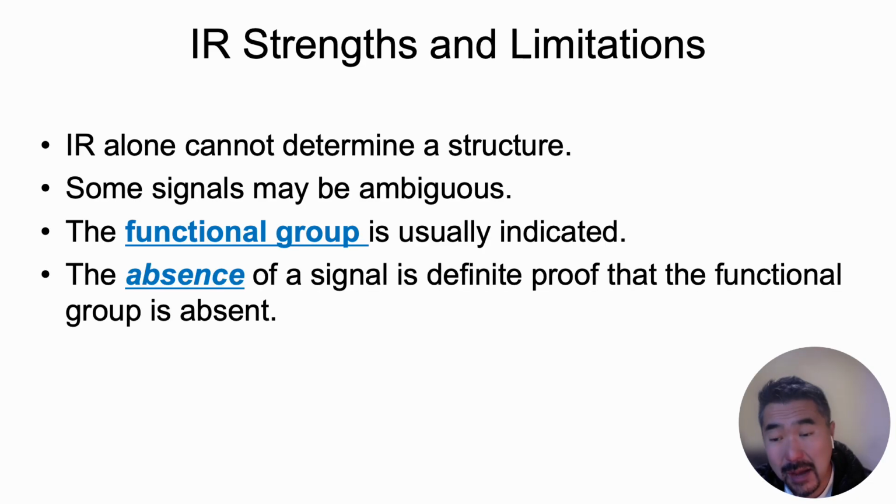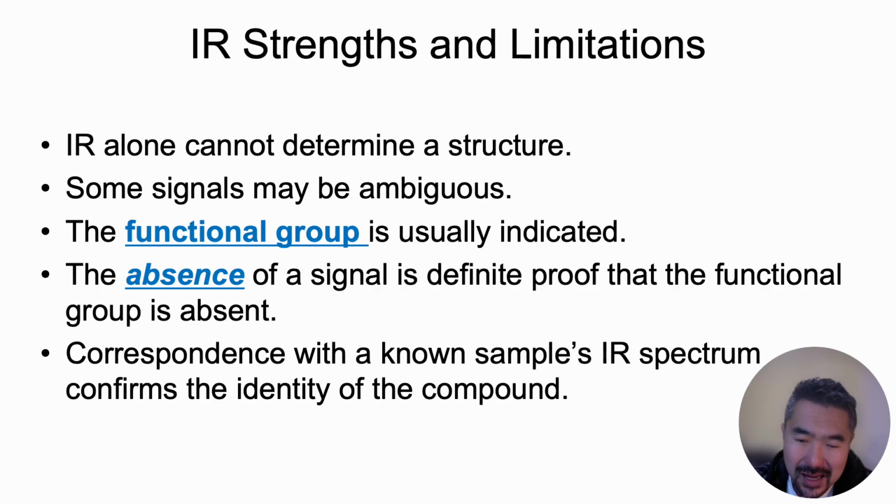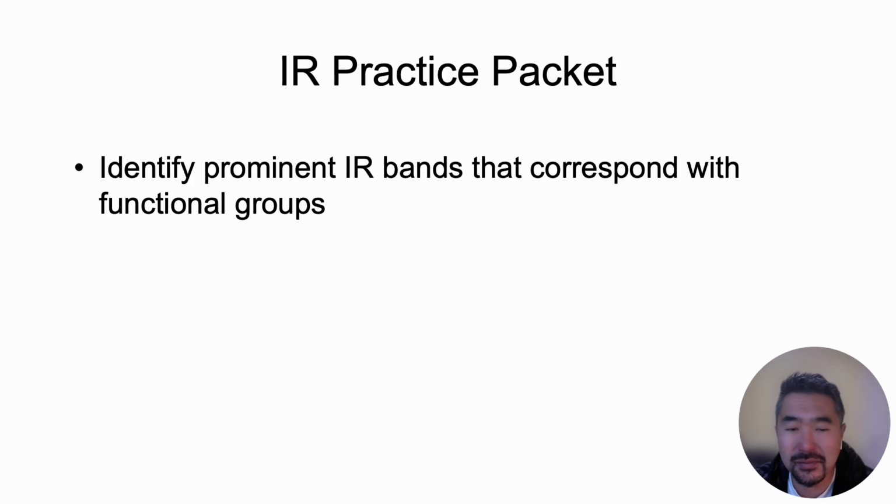And the absence of a signal is often considered fairly good evidence that that particular functional group is not present. If you need to determine the exact structure, you often need to compare with a known sample of that same suspected compound. Hopefully you have a standard in your lab, and you compare the two IR spectra to be sure. Often it's still a little bit ambiguous, and that's part of the reason why we need more powerful techniques like mass spectrometry and NMR that we're going to talk about very soon.